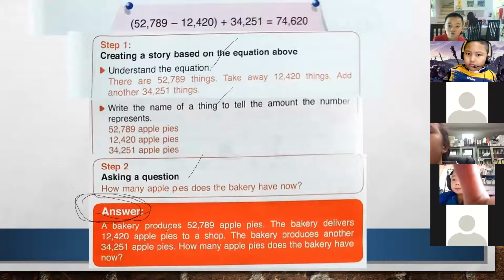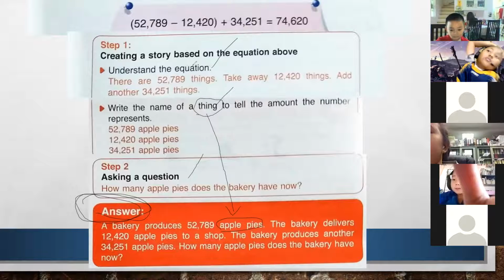A bakery produces 52,789 apple pies. So this is the thing. The bakery delivers 12,420 apple pies to a shop.